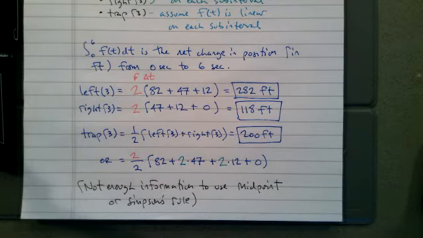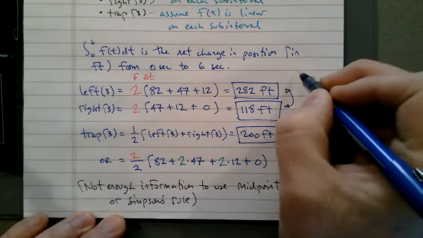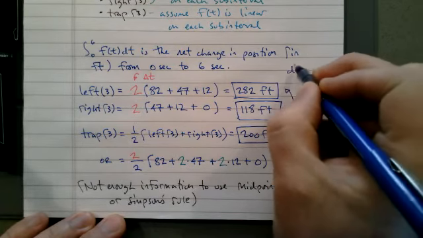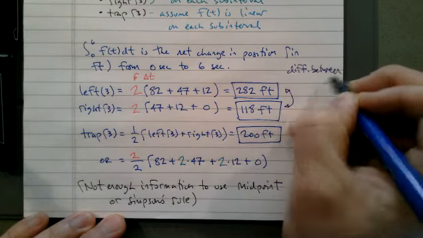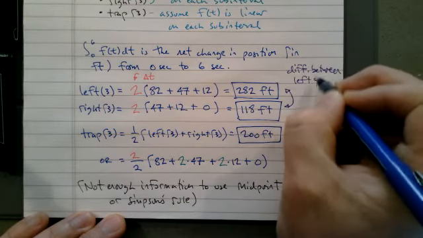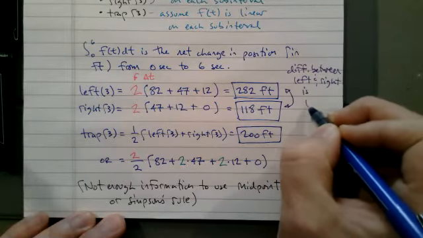So we can see that the difference between the left and right approximations, 282 minus 118, is 164. So the difference between left and right is 164 feet.